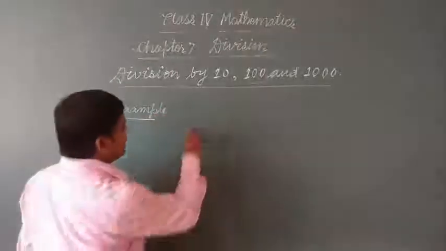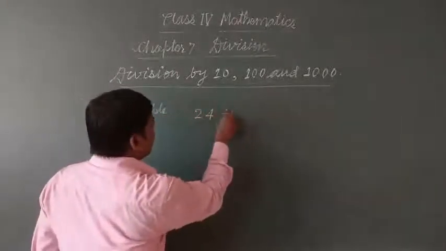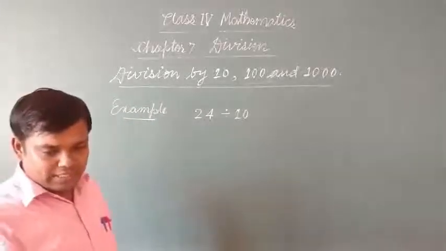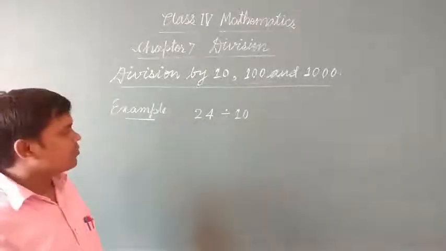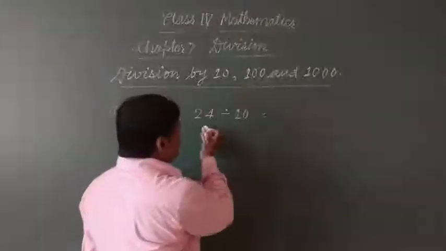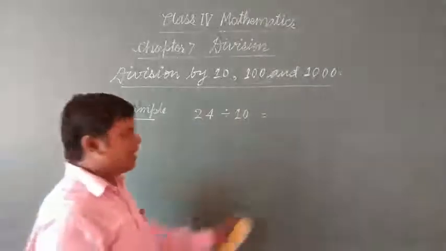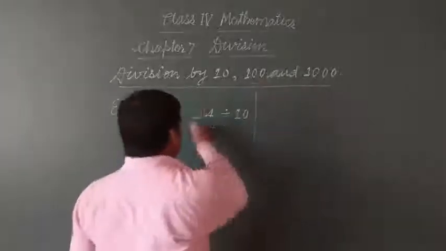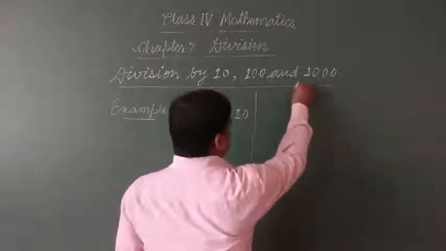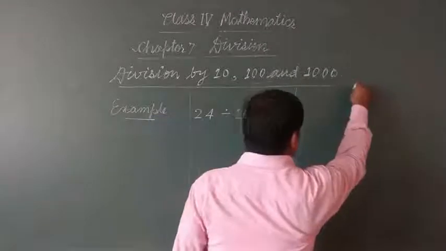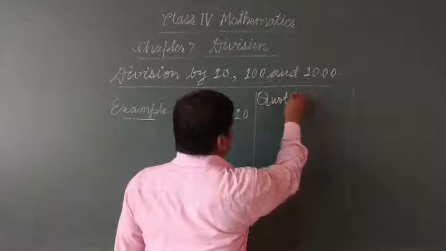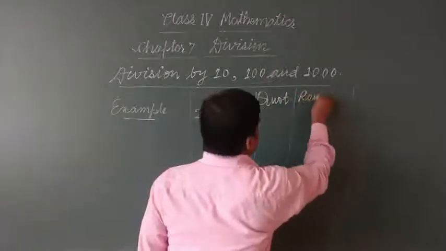Suppose we have to divide 24 by 10. When you divide it, you will observe that it will give a quotient and remainder. Look at here, I am making a table. Here I am writing quotient, and here I am writing remainder.